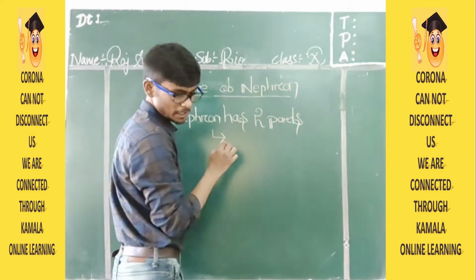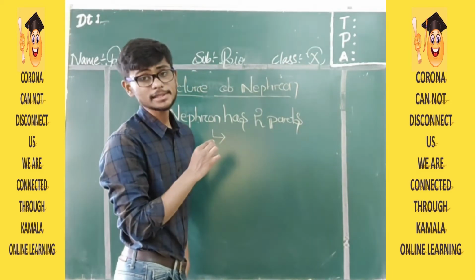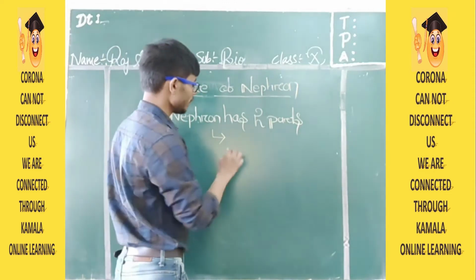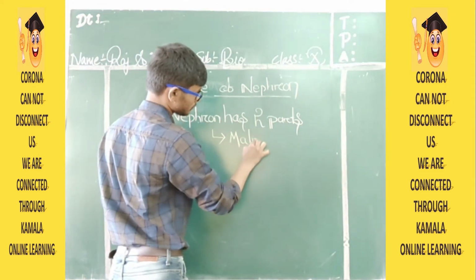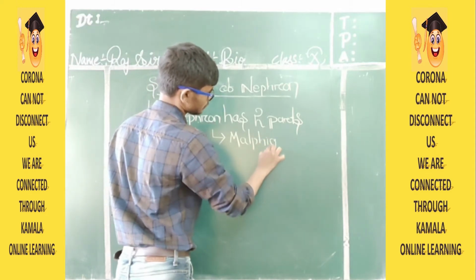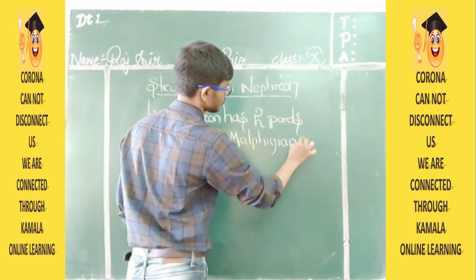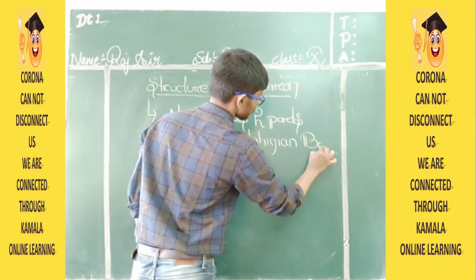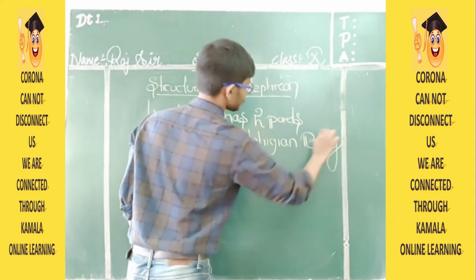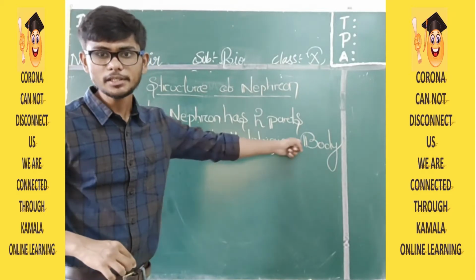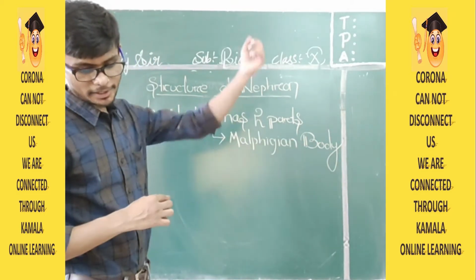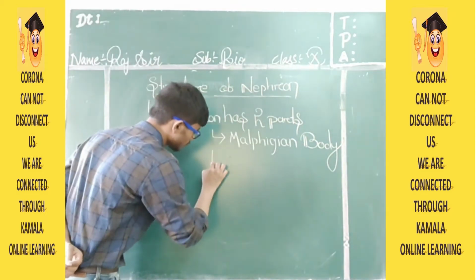First is your Malpighian body, and the second part is your renal tubule.